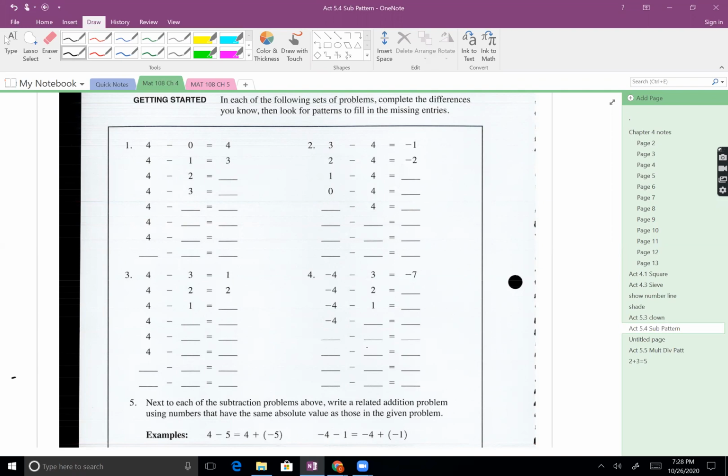I see all the patterns. Which one are we to do? You're supposed to fill in all of these, 1, 2, 3, 4, in your activity manual on page 81.